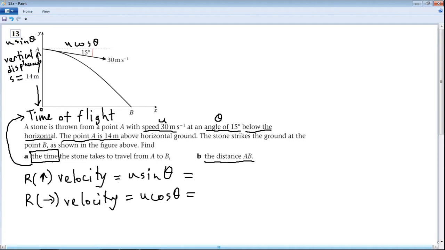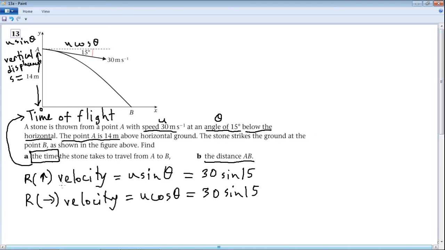Alright, so as you can see, it was very easy to identify that. The value of u is 30, theta is 15, so 30 sine 15, and 30 cos 15. Let us put the values.